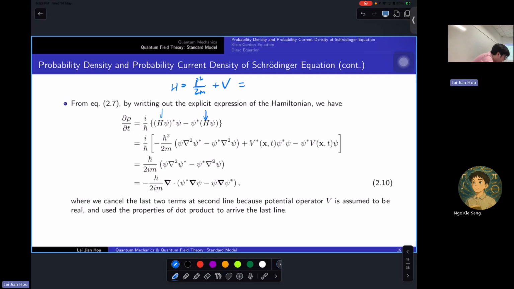The momentum operator is h bar over i times the gradient. Maybe I wish to cover this next week, how we get the momentum operator. This one is the momentum in the position space.